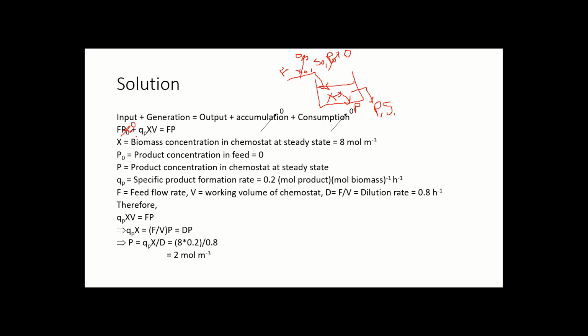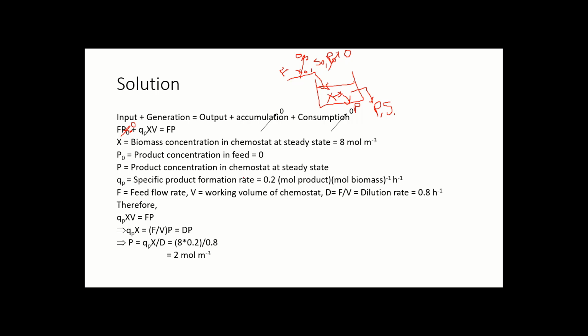Here you can see that in the input it is F P naught, which is the rate of product input, but we saw that P naught equals 0, so this term will be 0. We will be left with Qp x V equals F P. Qp x V is the rate of product generation. Why? Because what is the definition of Qp?